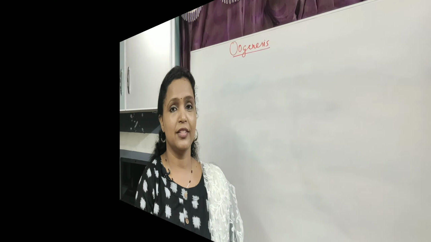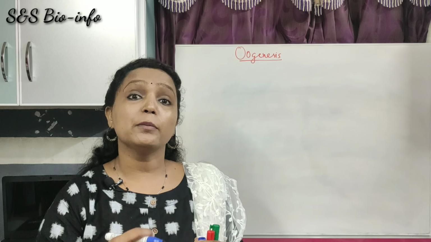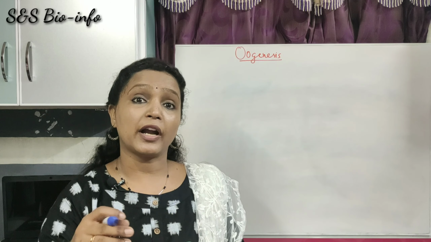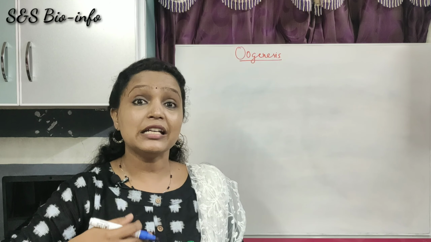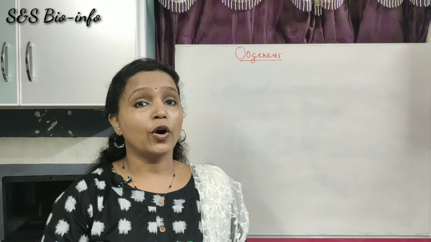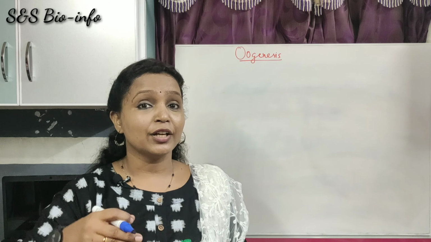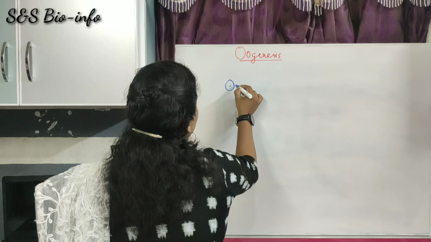Got it? After the attainment of puberty, the primary follicle and the primary oocyte resume development. That means they restart their maturation. So what's the condition of the primary oocyte during puberty? Let's suppose this is the primary oocyte.